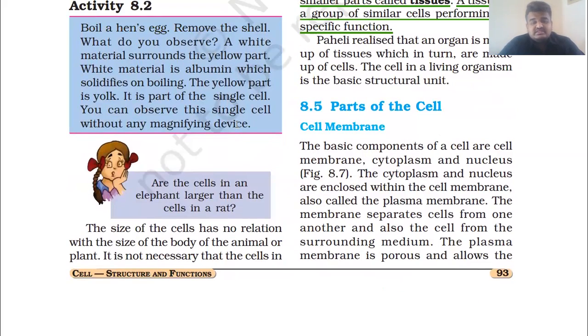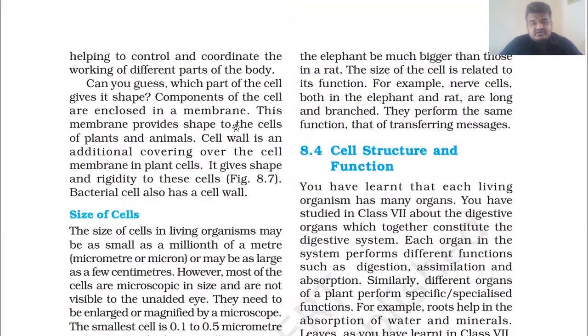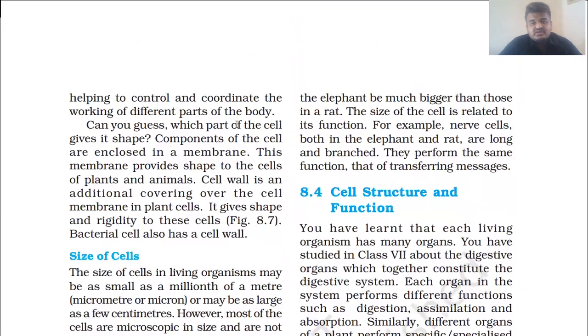The size of the cells has no relation with the size of the body of the animal or plant. It is not necessary that the cells in an elephant be much bigger than those in a rat. It does not depend on the size of the animal.